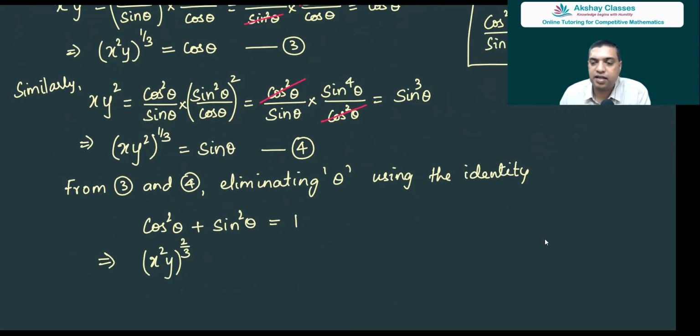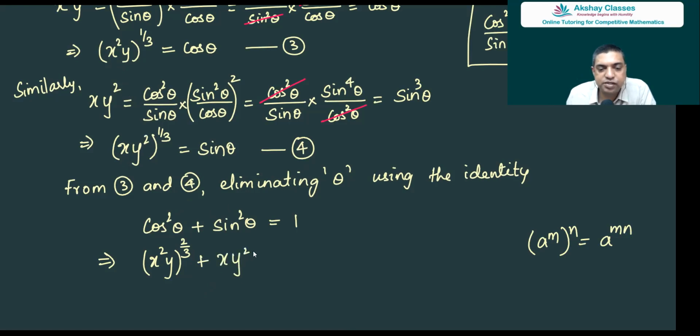A power m whole power n is a power mn. So x square y whole power 2 by 3 plus x y square whole power 2 by 3 is equal to 1. So this is the answer. This is the equation to the locus.